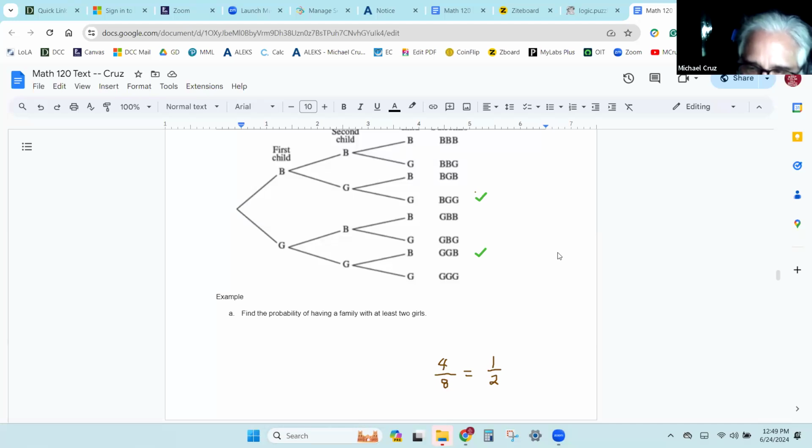Girl, boy, boy, it's only got 1 girl, but this one has a second one, and this one has a second one. This one is not exactly, it's at least two. So we're not looking at this one. We're looking at exactly two girls down there. So there's three of them.